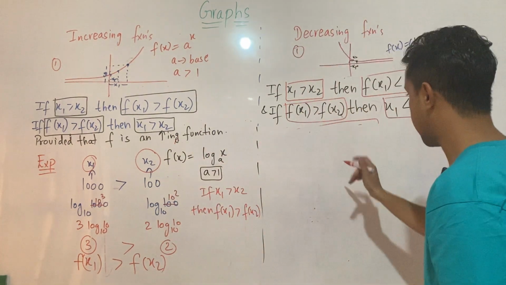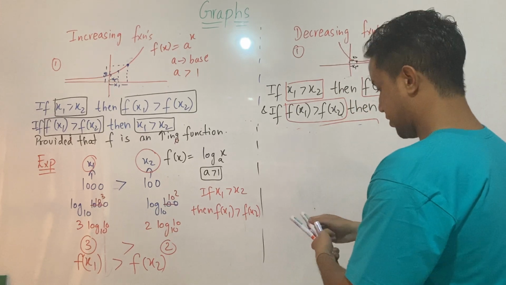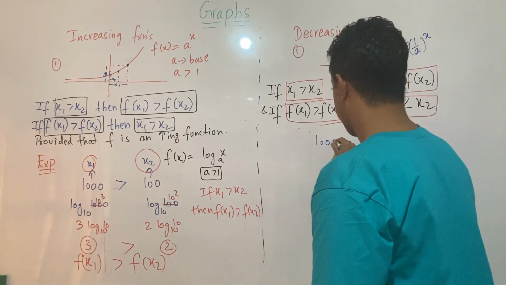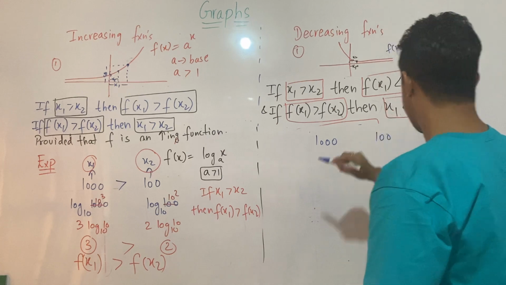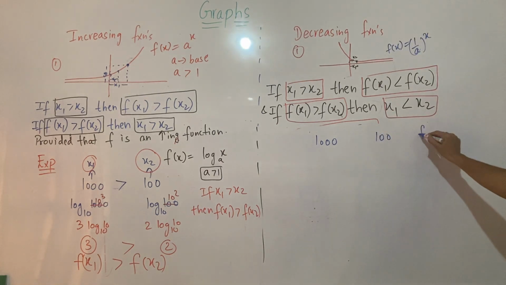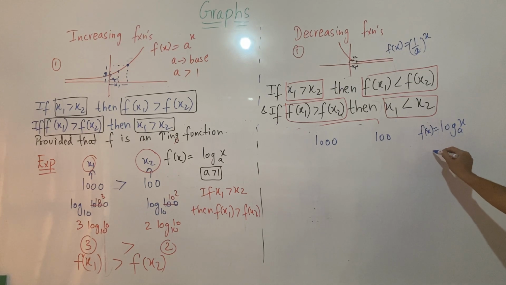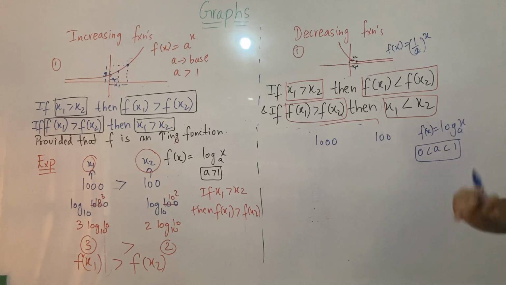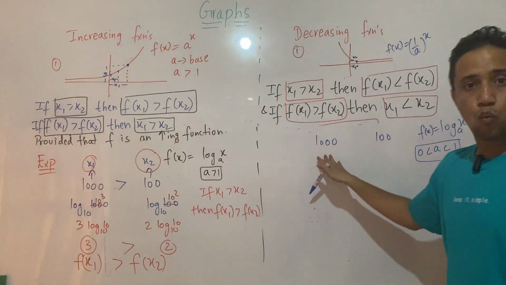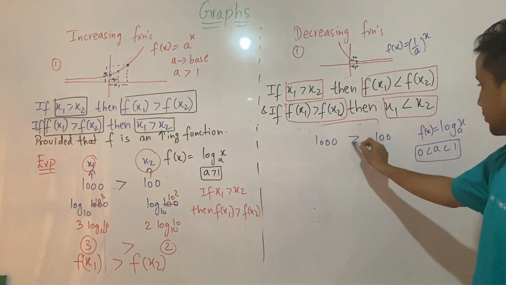We'll take the same examples. Here 1000, here 100. And here we are just taking the case of f of x equal to log of x to the base a, where the base is between 0 and 1. Now, clearly 1000 is greater than 100.